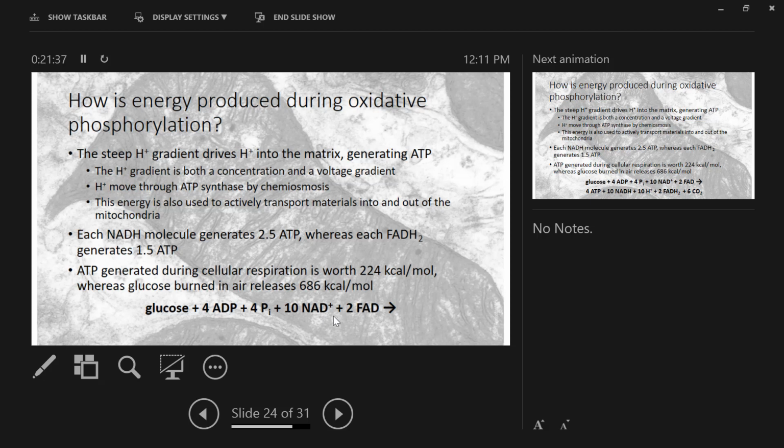Yeah. And what's 12 times 2.5? 30. So instead of generating 28 here, we would actually generate 30, which would make this total up to 34 instead of 32. But that's just bonus information. You're not going to be held responsible for that.